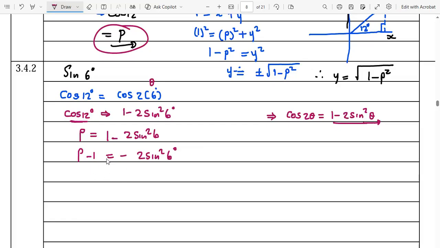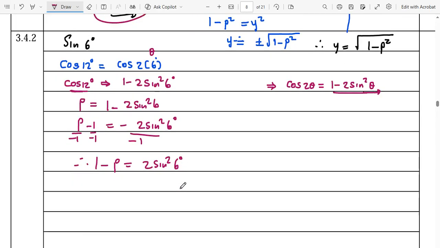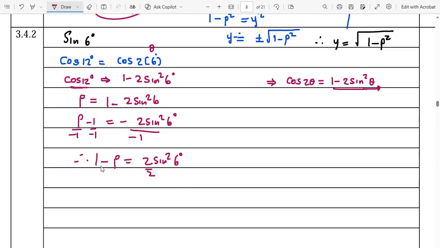Then let's divide everything by negative. This gives us 1 minus P equals 2 sine squared 6. Too much work, right? Because we still have to divide by 2 again. So this is just like saying (1 minus P) over 2 equals sine squared 6.